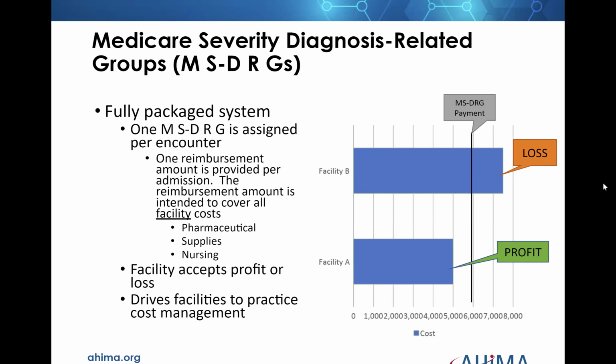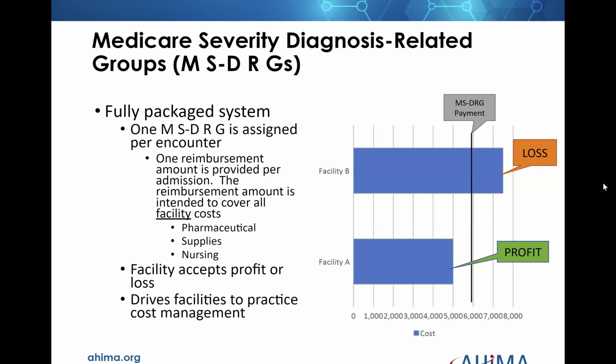And again, in contrast to HCCs, where you can have multiple HCCs and the reimbursement is cumulative, with MSDRGs, we can only have one MSDRG per hospital admission, or as it says here, per encounter. And this covers the facility costs for everything. These are medications, supplies, inpatient nursing, tests, everything.